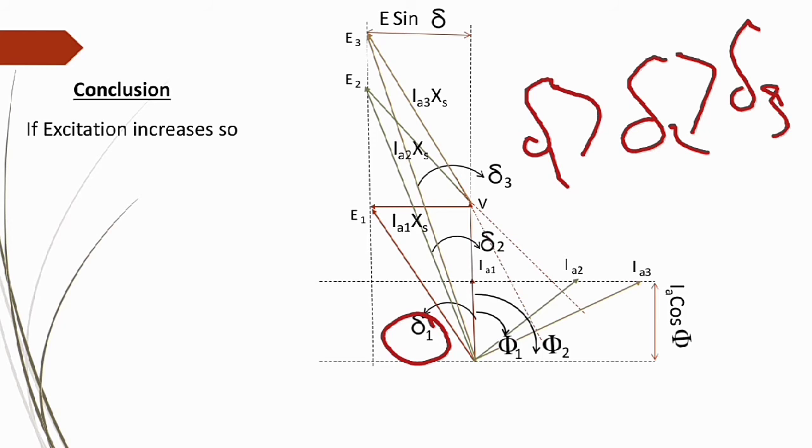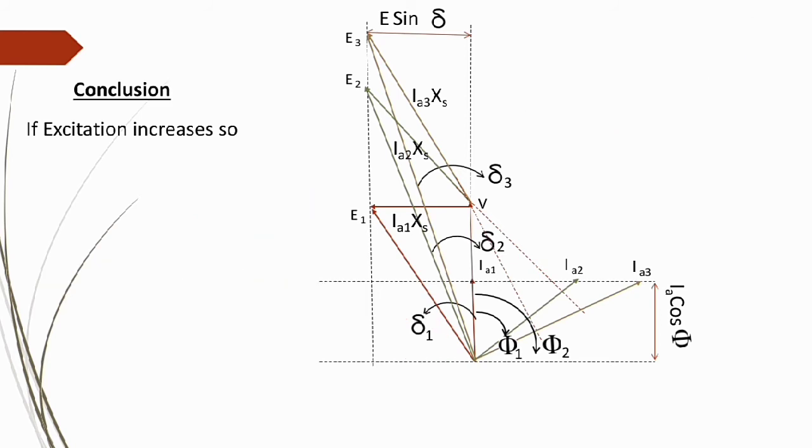First phi 0, or you can say the 0 value, is smaller than phi 1, and this phi 1 is smaller than phi 2.